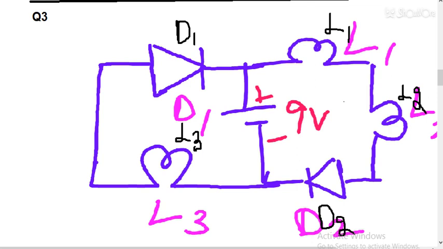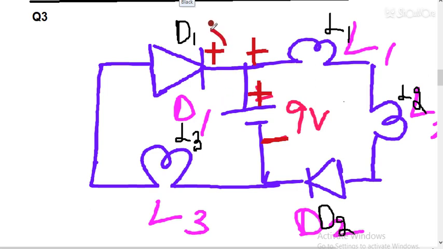Okay, so let's start this question now. Here you can see the positive voltage of the battery is this one. This is the positive terminal, and this is the negative terminal. So students, positive voltage will go here and some positive voltage will go to the right side also.